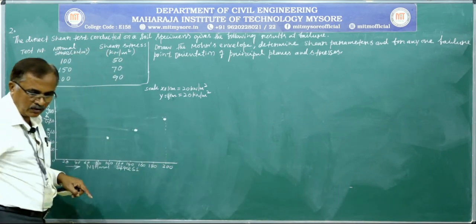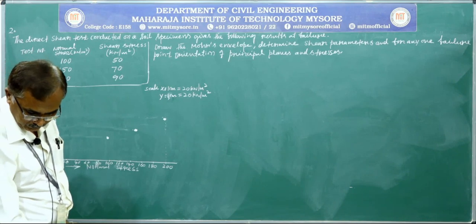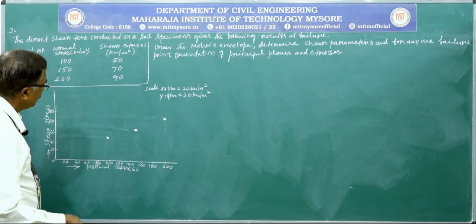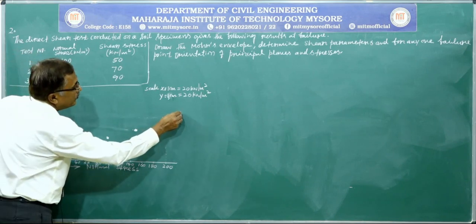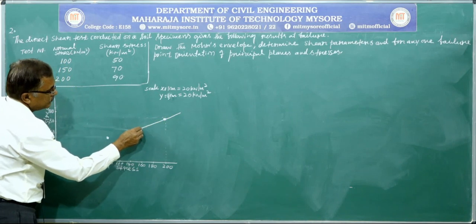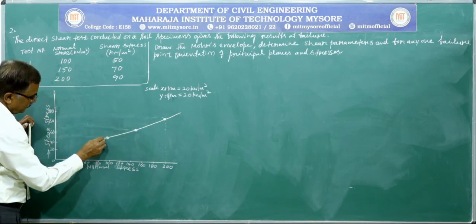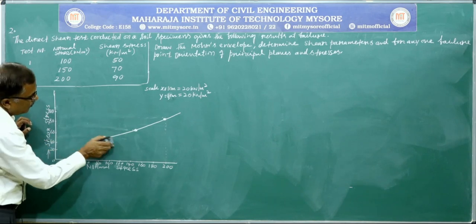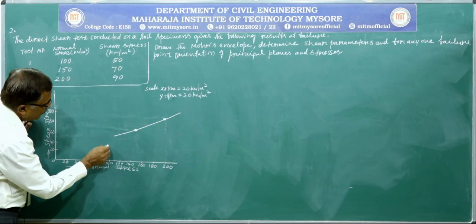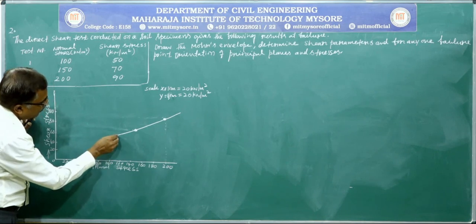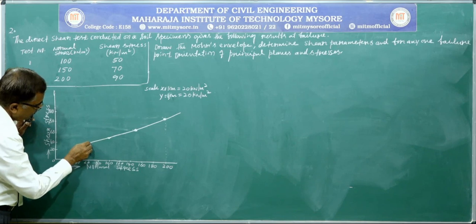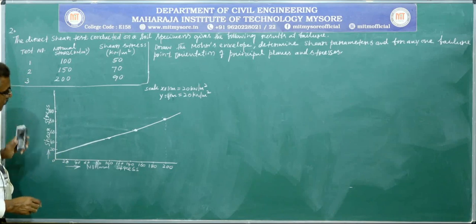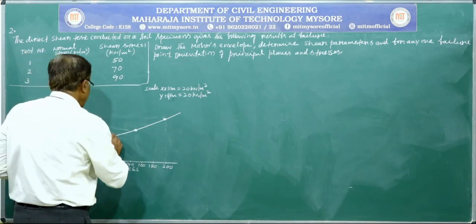Now, if we join all the points by means of a straight line, this will be the strength envelope.